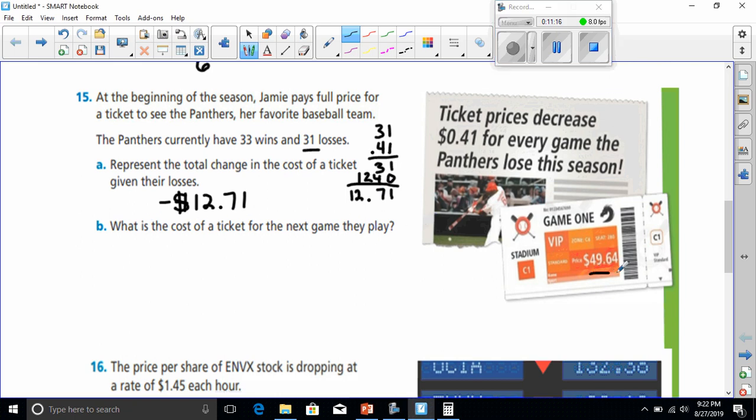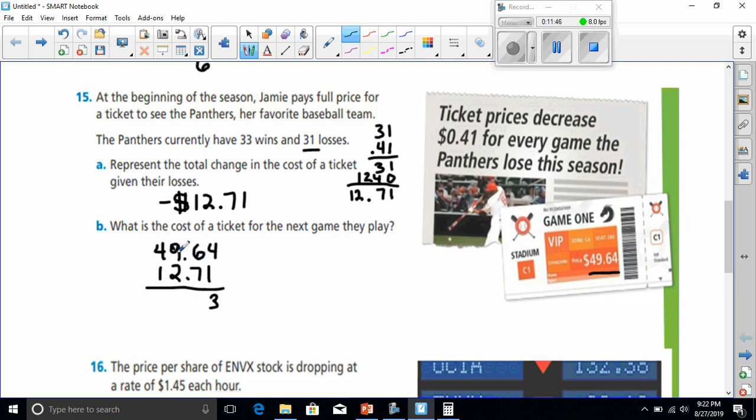Well, originally the cost of the tickets were $49.64. And now we have to reduce $12.71 from that. When I do this, I see that I have 4 minus 1, that's going to be 3.